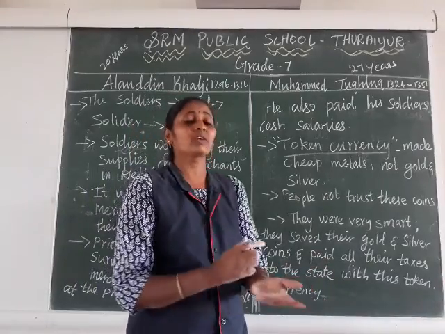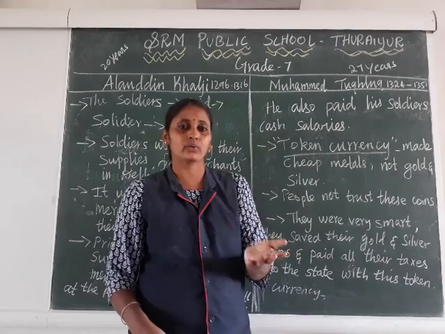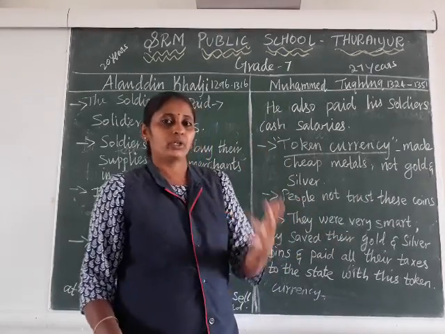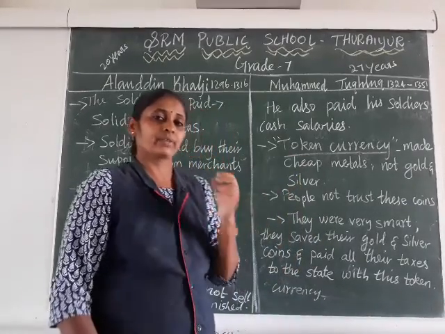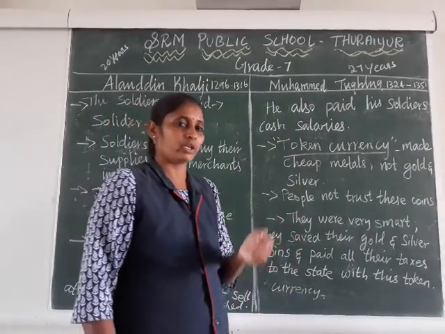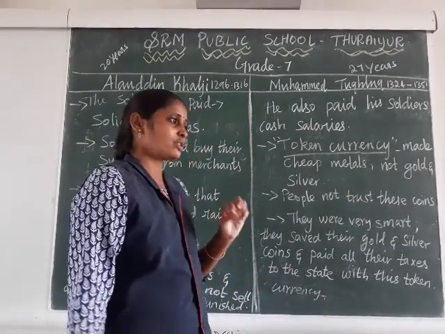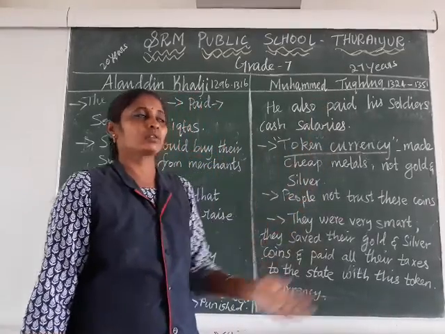Token currency means the currency we use nowadays: 10 rupee, 50 rupee, 100 rupee, 200 rupee, 2000 rupee notes, or coins like 1, 2, 5 rupee coins. These are called token currency. This was first introduced in India by Muhammad bin Tughlaq alone.